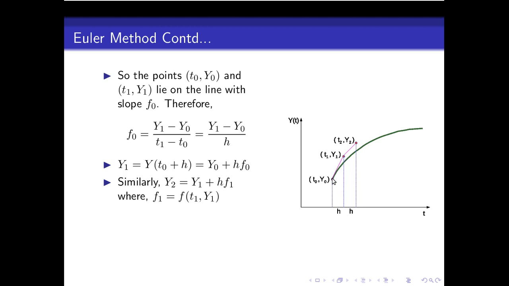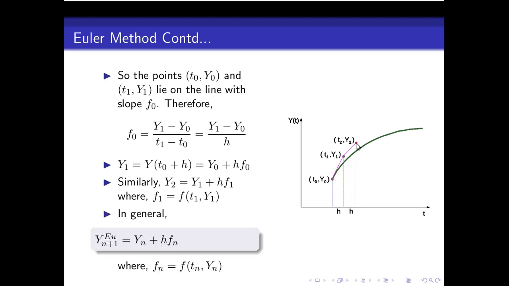All we know is that our first point after the given point is t1, y1. So we again calculate the function at t1, y1 and assume that this is the slope. We calculate this slope and move along it to reach the point t2, y2, and in a similar fashion we proceed.